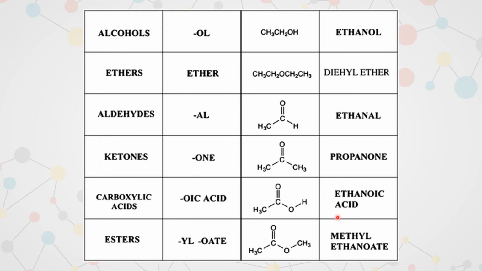An example of carboxylic acid is ethanoic acid. Ethanoic acid is also what we call acetic acid or vinegar. So this is its chemical formula. The ester is another functional group. An example is methyl ethanoate. Its chemical formula is this one.